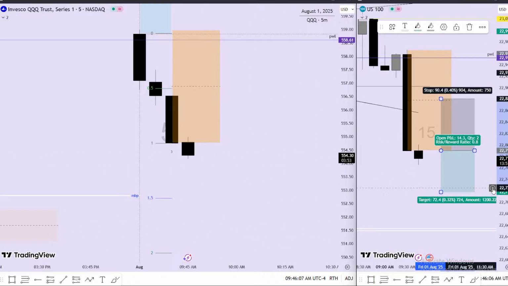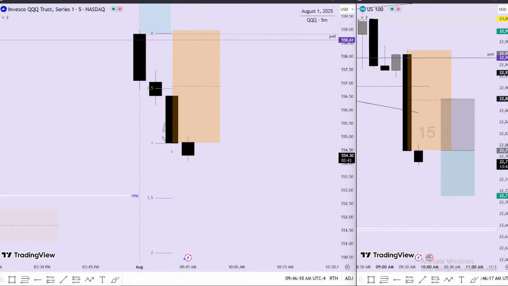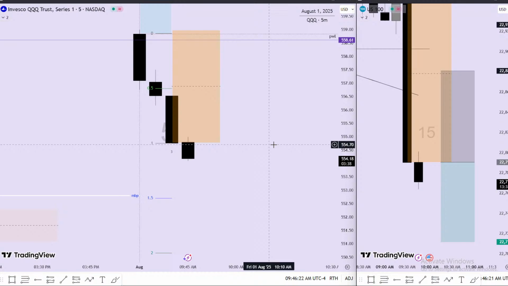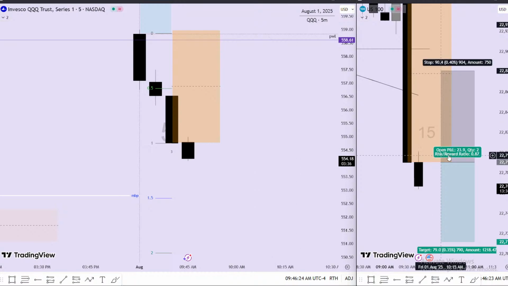I'm aiming for this point, 712. I know it's a negative risk to reward ratio, but since it's running, what else can I do?